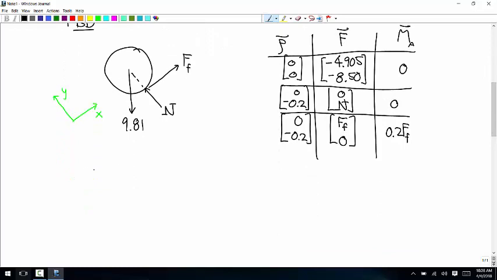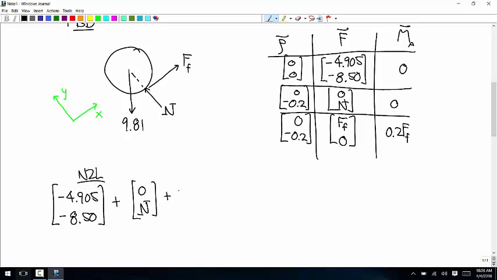There's no fixed point, so we have to use Newton's second law. So that says negative 4.905, negative 8.50, plus 0, N, plus force of friction, 0, is equal to the mass of 1 times, what do we know about the acceleration of the center of mass?